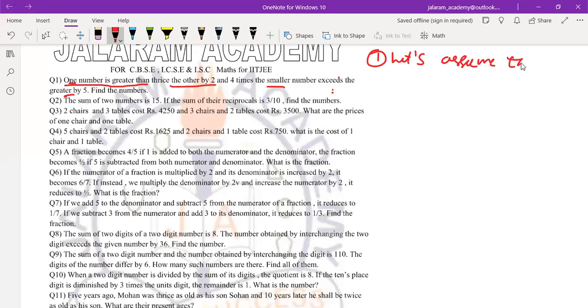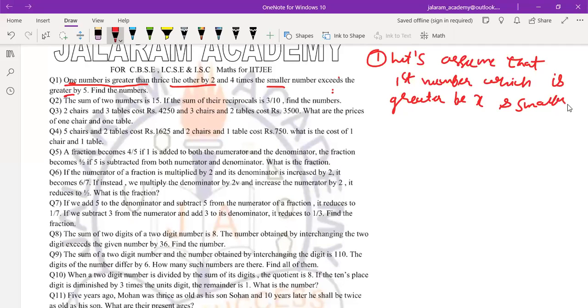Let's assume the first number, which is greater, be x, and the smaller number be y.